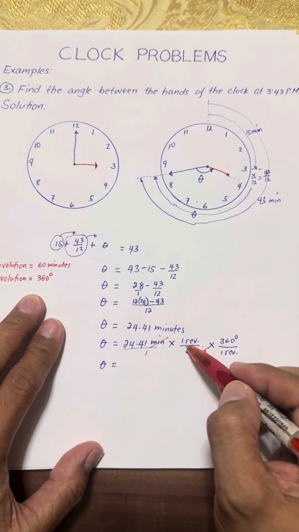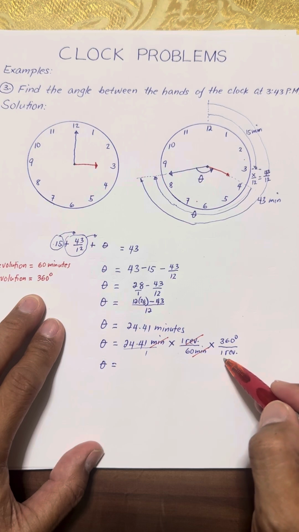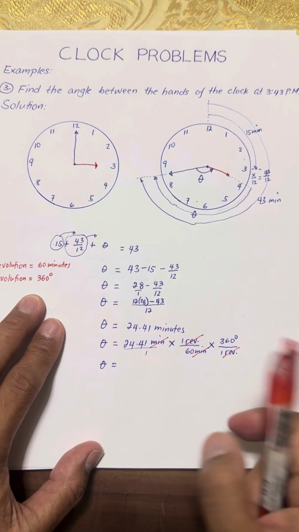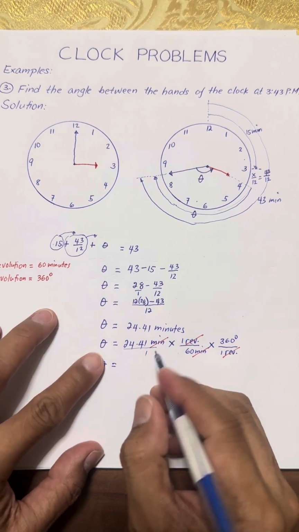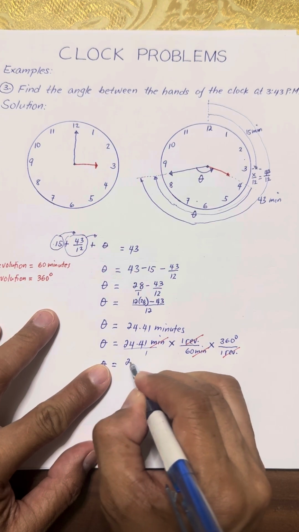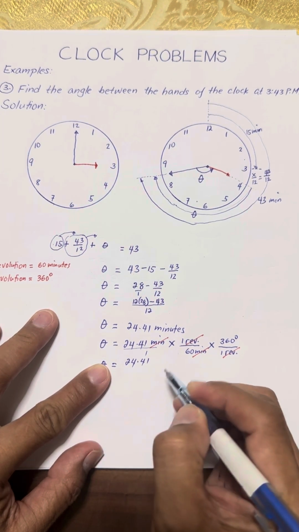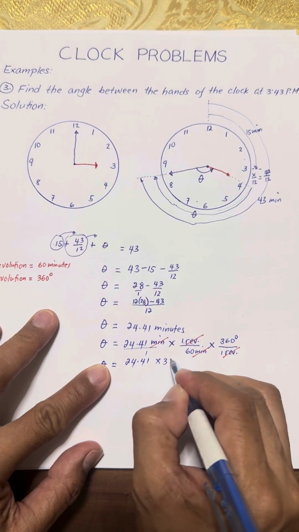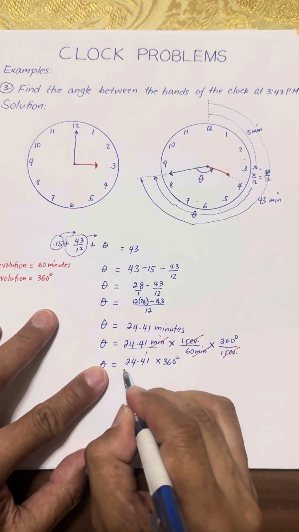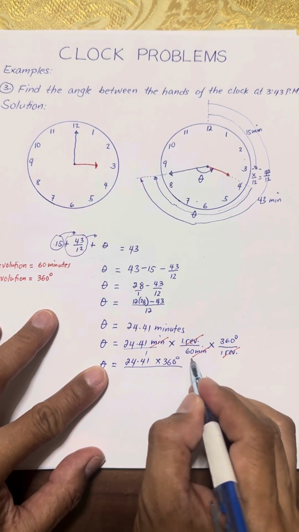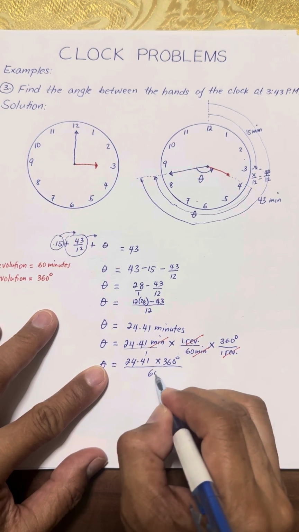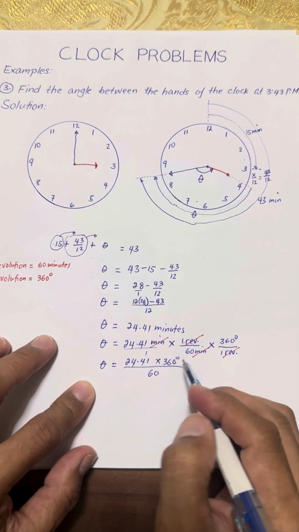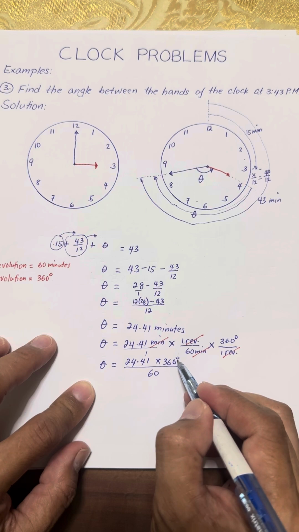We have revolution in the numerator and revolution in the denominator, so that cancels out. What is left is 24.41 times 1 times 360 degrees divided by 1 times 60 times 1, or that is 60. So the unit left is only degrees.